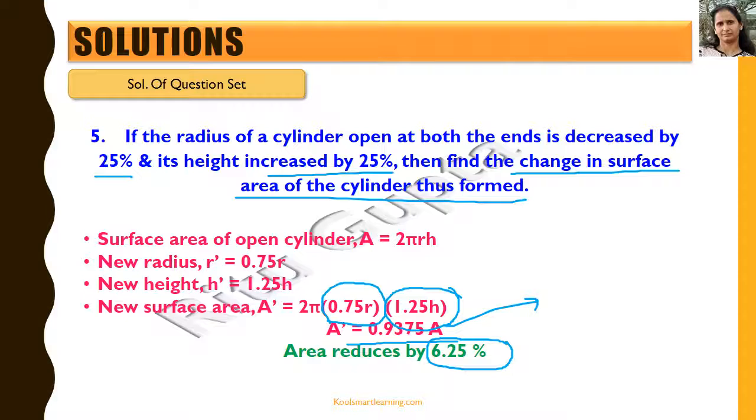How do we find out the reduction? Is by finding out A minus A dash, because this is the reduction, divided by the original area into 100.